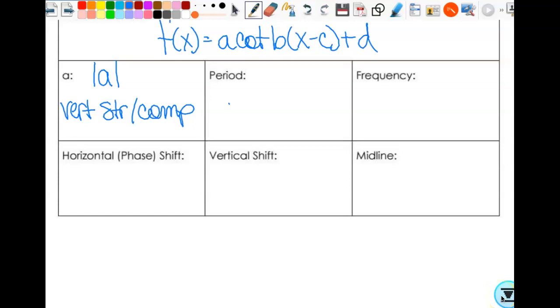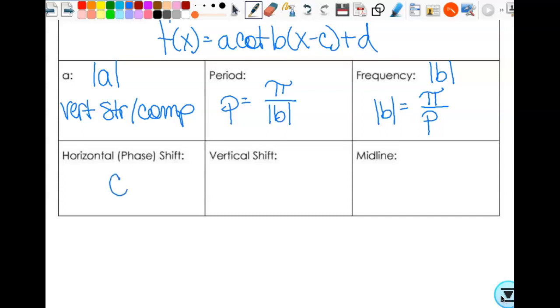Period, that is pi divided by the absolute value of B. Frequency is still the absolute value of B. If I need to find it, it is pi divided by the period. Make sure you keep in mind that you use pi for tangent and cotangent. And then again, C, D, and y equals D. Okay? Any questions at this point?